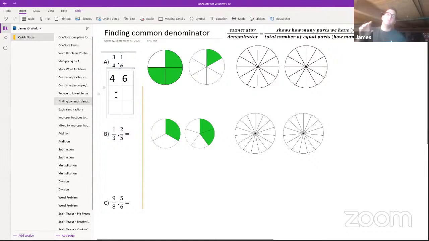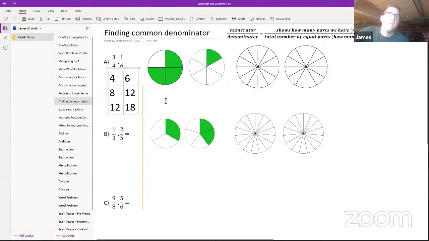Now those aren't the same, so we got to keep going. So 4 times 2, we'll write down next, is 8. And 6 times 2 is 12. And still none of these numbers match. None of the numbers on the left match the numbers on the right. So then we keep going. 4 times 3 is 12, and 6 times 3 is 18.